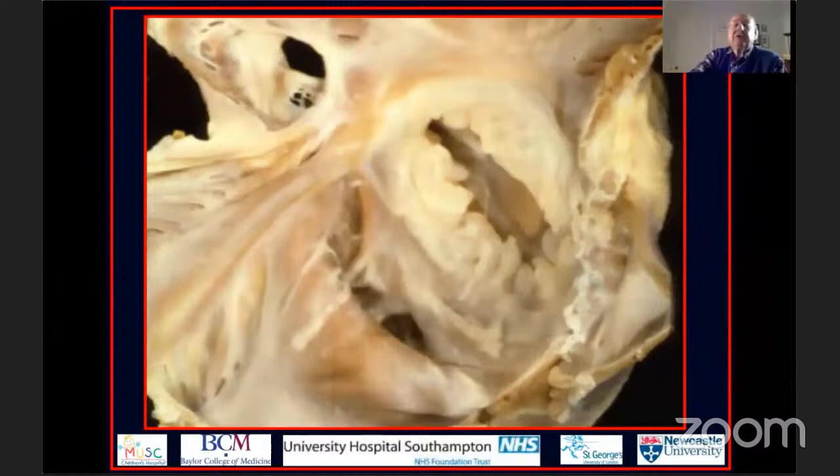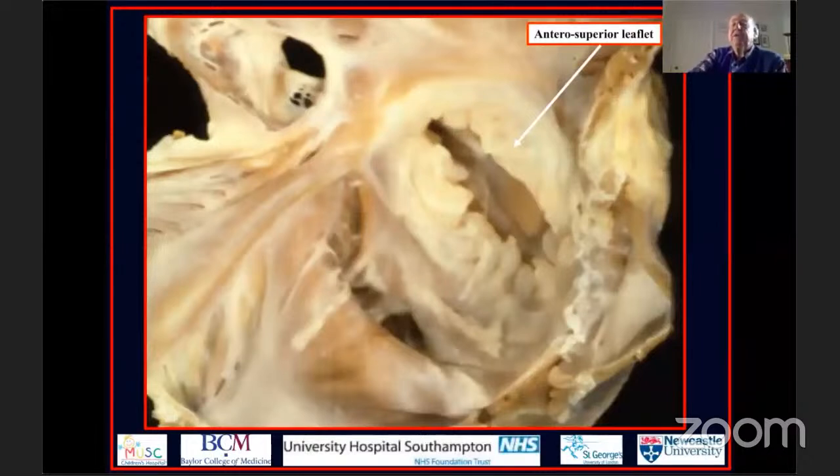So here is another heart with Ebstein's malformation, again open so that you're looking at the inlet aspect down towards the apex of the right ventricle. And now you see the consequence of that rotational displacement.